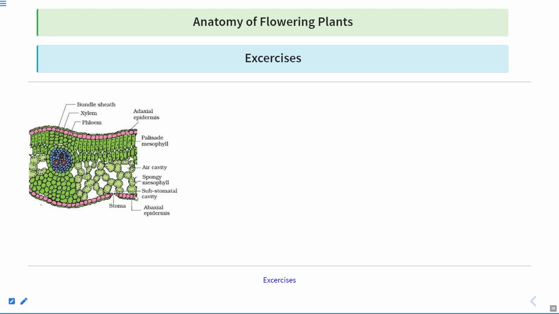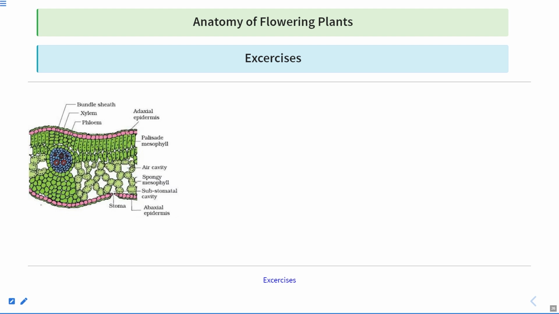Right? And you can also see the substomatal cavity, which helps in the exchange of gases. Now, if you see the vascular bundles, they are having the bundle sheath cells, and in the vascular bundle there are xylem and phloem cells, and in between there is an absence of the cambium layer.